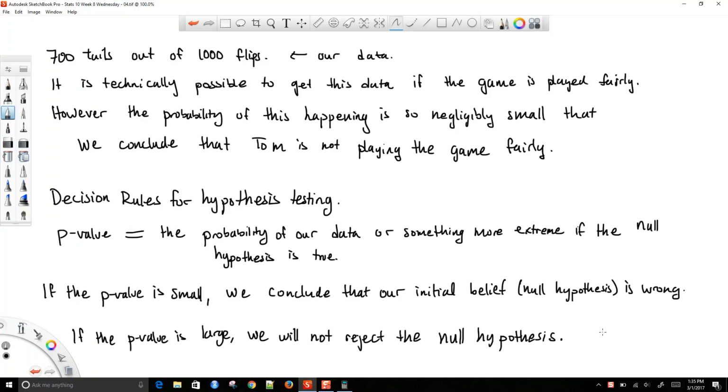That was the flip side, where after only 10 games, sure, Tom came out ahead, but it's also quite possible for this data to have happened from random chance. The probability of observing this data is high, so we can't reject the idea that Tom might be playing fairly.